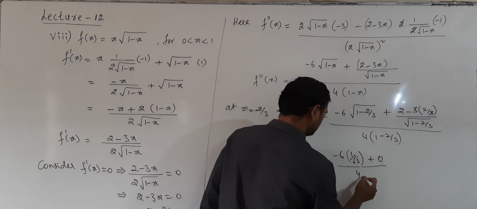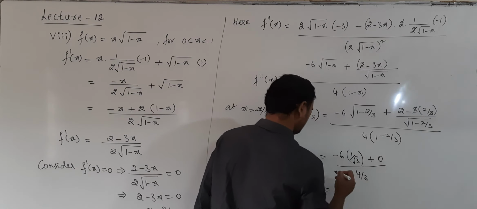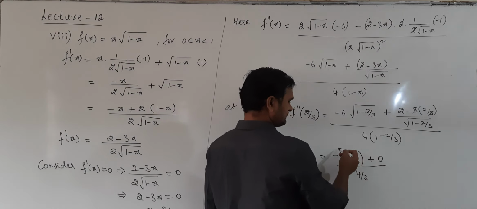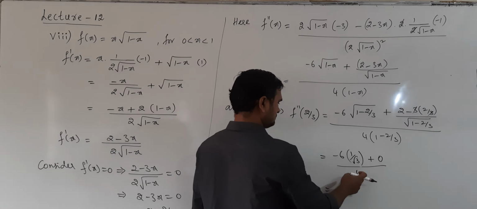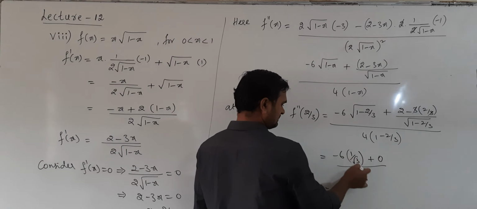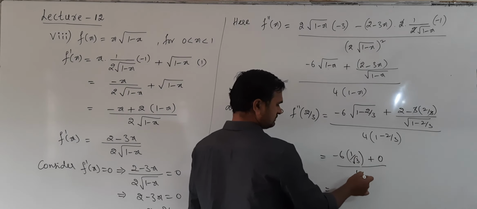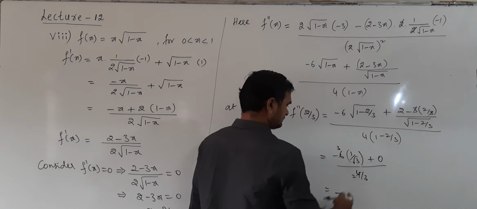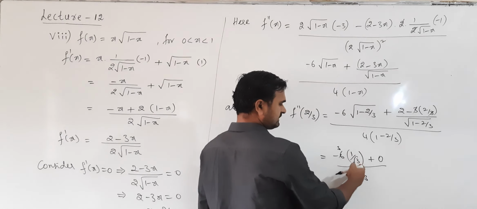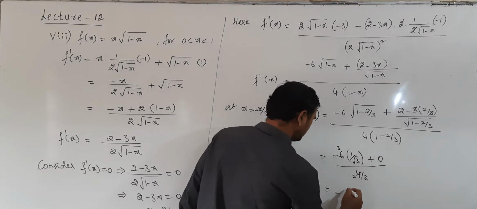So total is 4 by 3. So 2 we can cancel 2 times, 4 and 2 twos are 2 threes. 3 will go to the numerator. 9 by root 3 is nothing but 3 root 3 by 2.